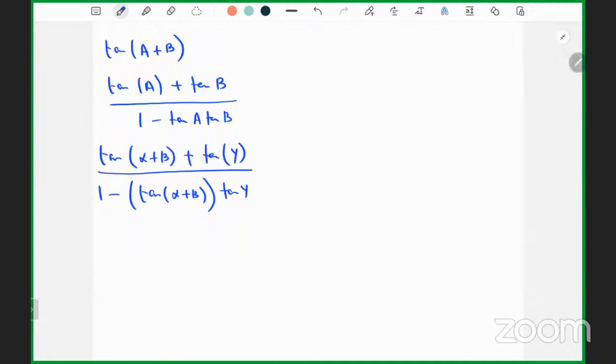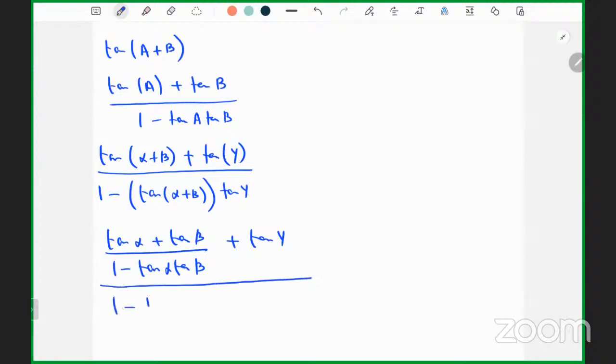I will start expanding tan(alpha + beta): tan alpha plus tan beta over 1 minus tan alpha tan beta plus tan y over 1 minus tan y tan(alpha + beta).